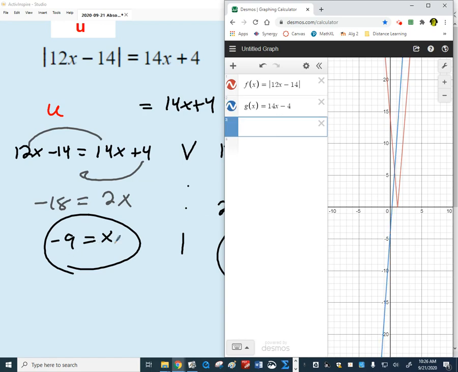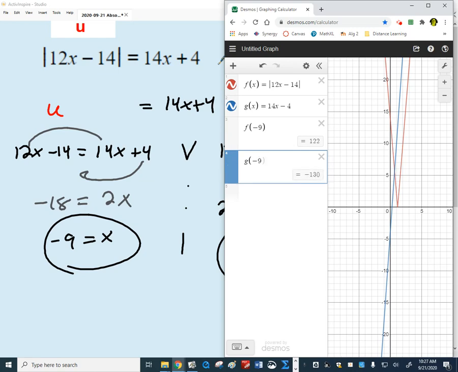So one of my answers is negative 9. I'm going to do f of negative 9, which gives me 122. If I do g of negative 9, what better I get for my answer? What do you think I'm going to get? Hopefully 122, right?